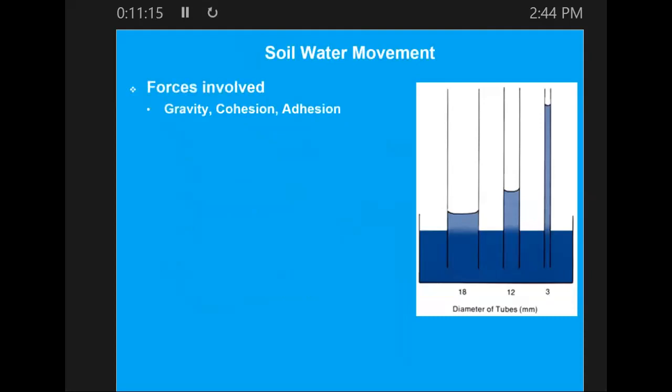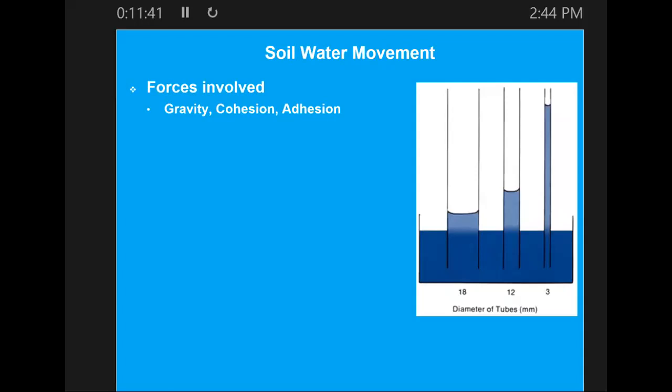So when we look at what's going on in the soil and how water is moving toward the plant roots, we need to think about gravity, cohesion, and adhesion forces. As you know, when you water the field of your plants or your potted plant, gravity is going to take that water straight down.